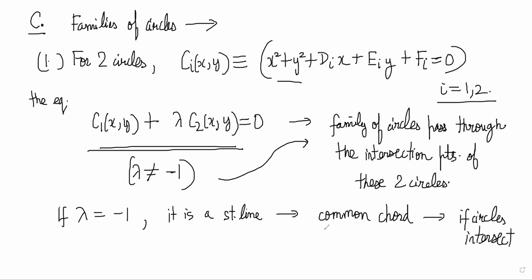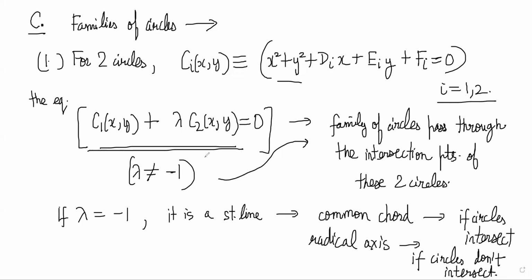And if the circles don't intersect, that becomes the radical axis of the two circles. So this equation can represent multiple things. It can be a family of circles, it can be the common chord, or it can be the radical axis, depending on the situation.